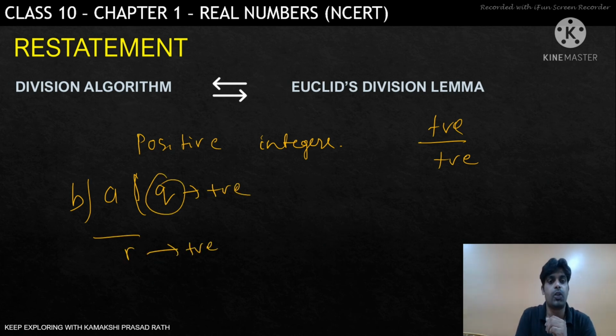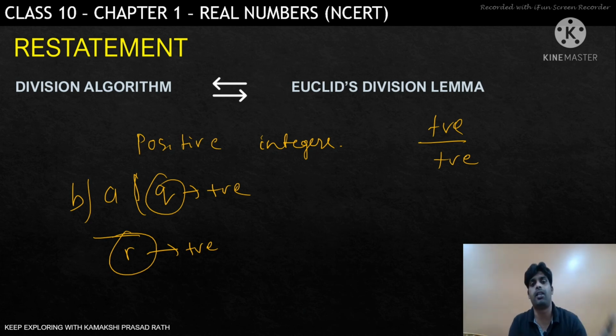So here Q and R we will consider only positive integers. Hence the lemma says A equals BQ plus R, where R is less than the divisor, that is B, and greater than or equal to 0.